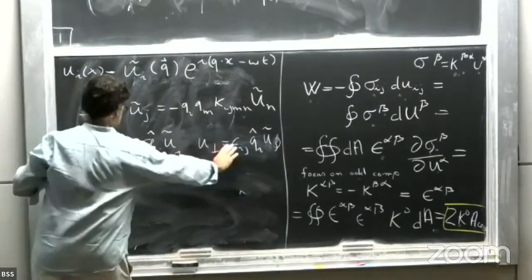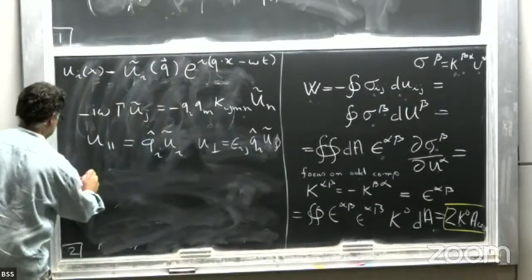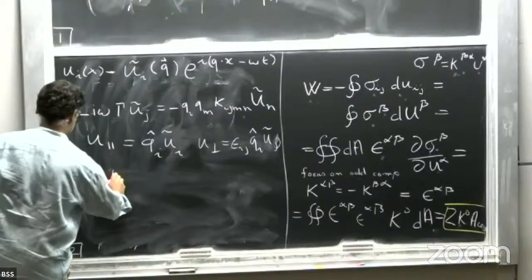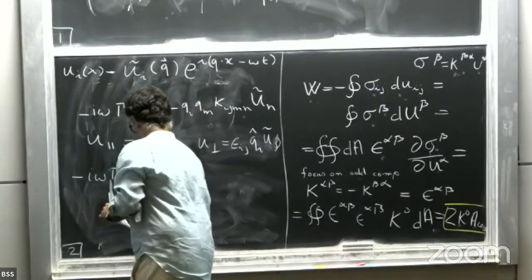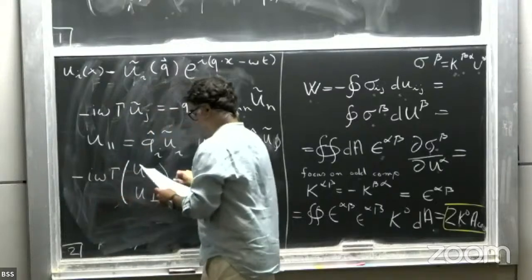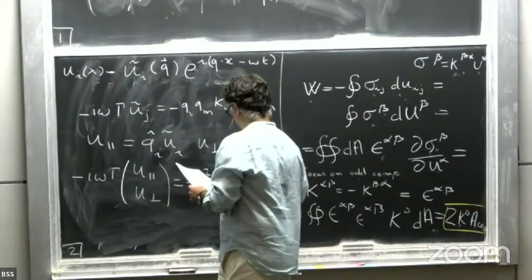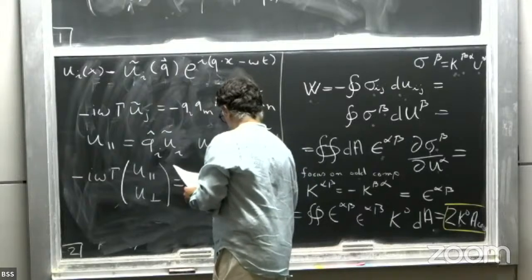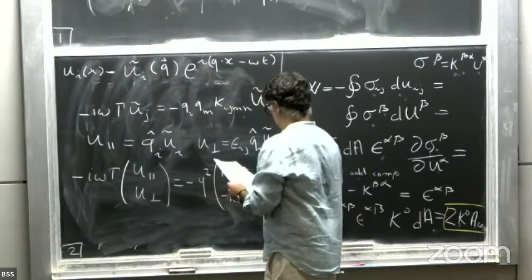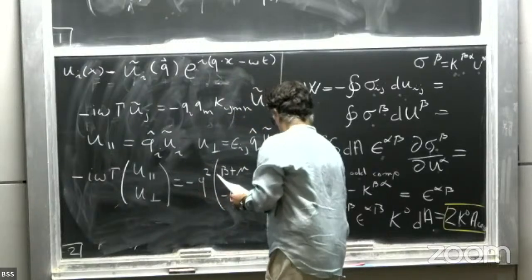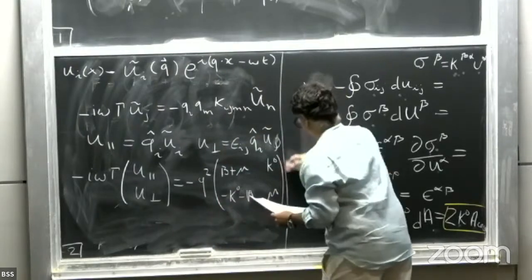So with this language, this equation can be written as minus i omega gamma (u parallel, u perpendicular) equal minus q squared (B plus mu, minus k naught; minus A mu k naught). And here I need to steal a bit from this blackboard.